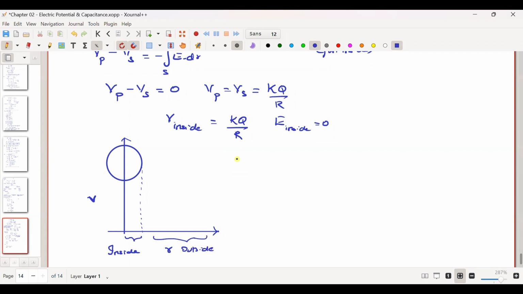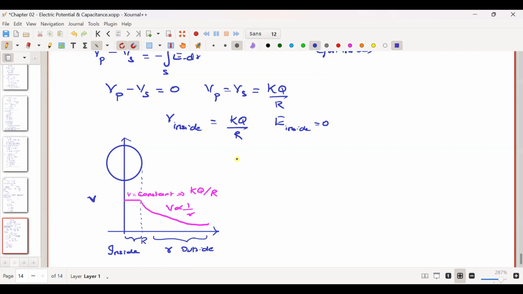But what is the potential inside? It is KQ by capital R. And then what happens? It is inversely proportional to R. Here V is inversely proportional to R. And here V is constant, with the value KQ by capital R. And this point here is this R distance.